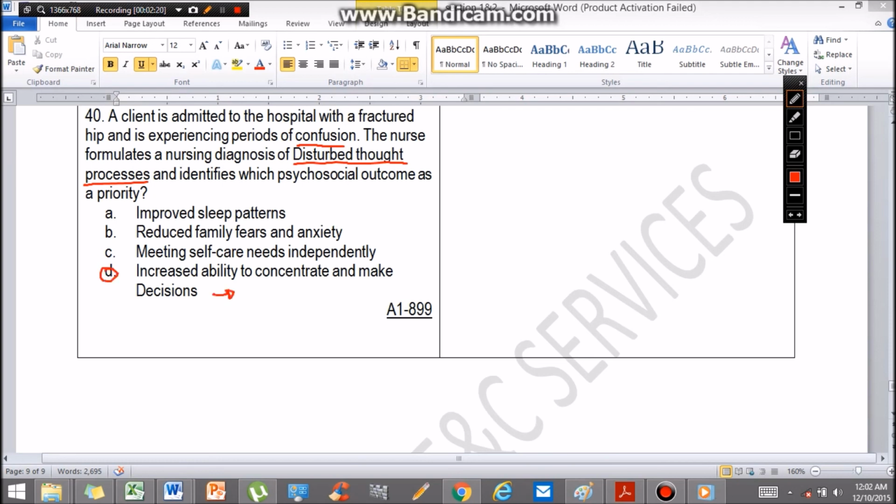Because for you to be able to improve sleep, reduce fear, or meet self-care, the client should be able to concentrate and make decisions. Now, if you remove this, therefore the client cannot participate in whatever intervention you will perform. So therefore the priority here is D. If D has been taken care of, then you can take care of A, B, and C.